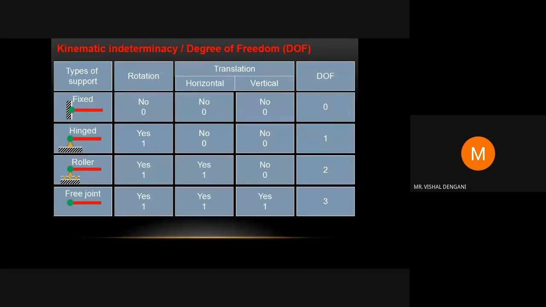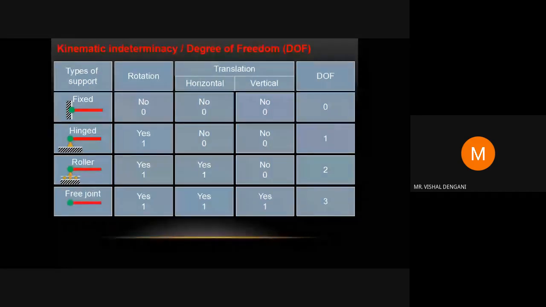But in the case of frame, the members are connected with the help of rigid joints, so there will be 3 possible displacements at a node. There will be bending in the members also in the case of a portal frame. So according to the type of structure, your degree of freedom will change.